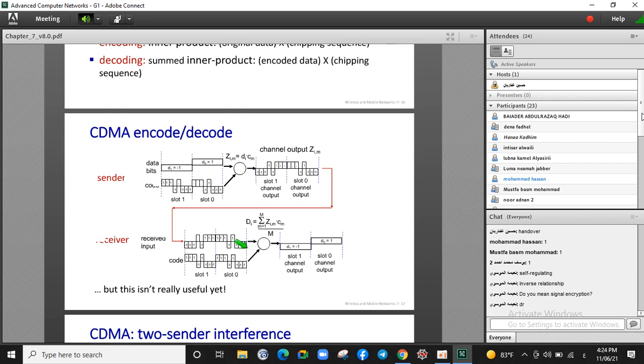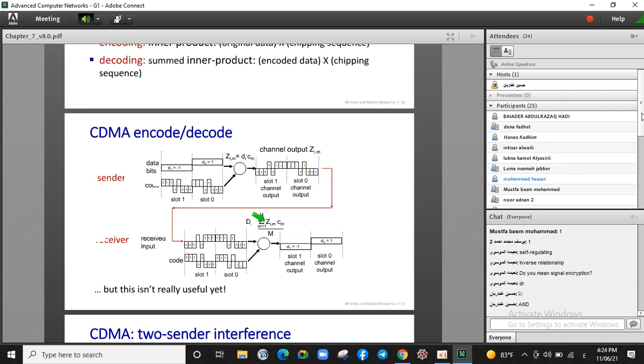For example, here, the first bit is -1 and my code is -1, -1, -1, -1, -1, 1, 1, -1, -1. Okay? I'm applying a bitwise AND, one by one, applying it to bits with similar positions.